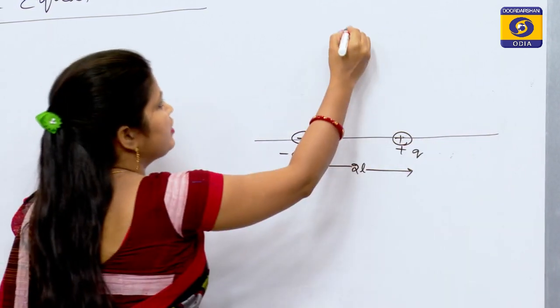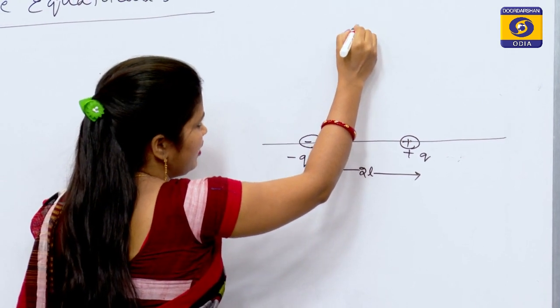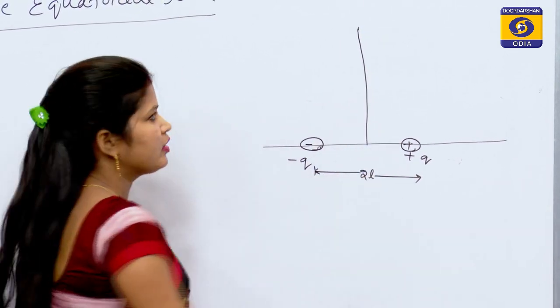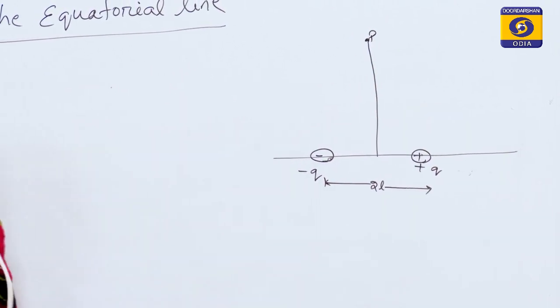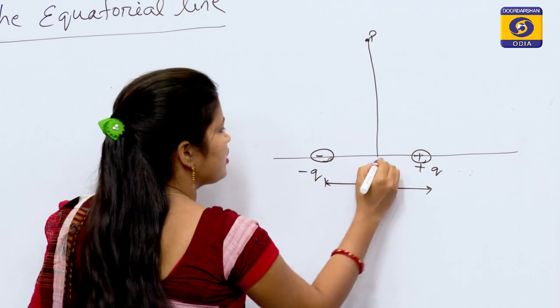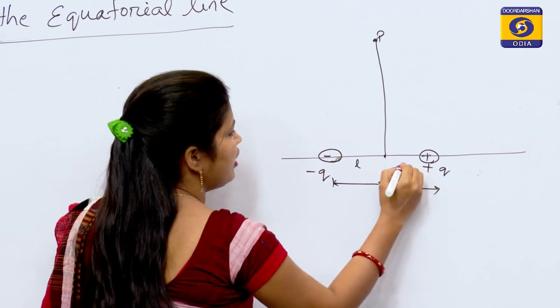Okay. And here the equatorial line, that is the perpendicular bisector, and here we wish to find the electric field intensity at point P. So, the distance here is L and this is L.